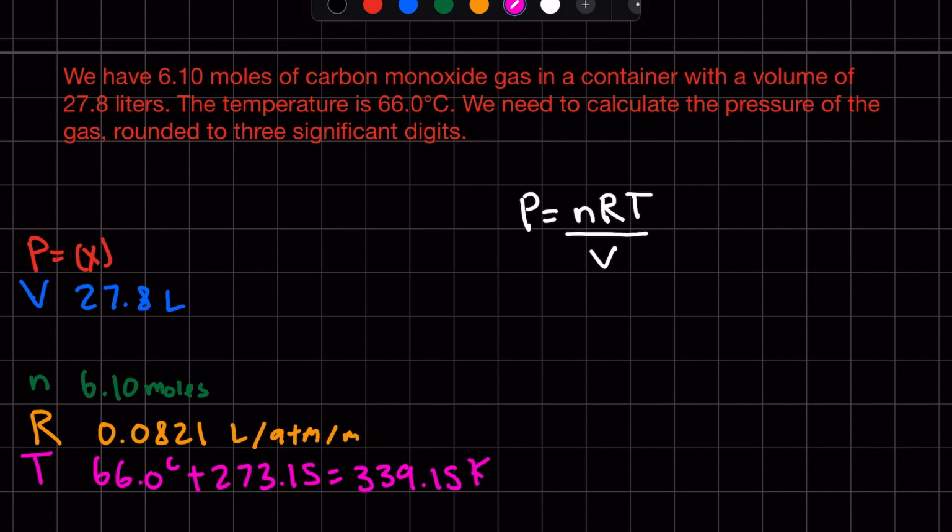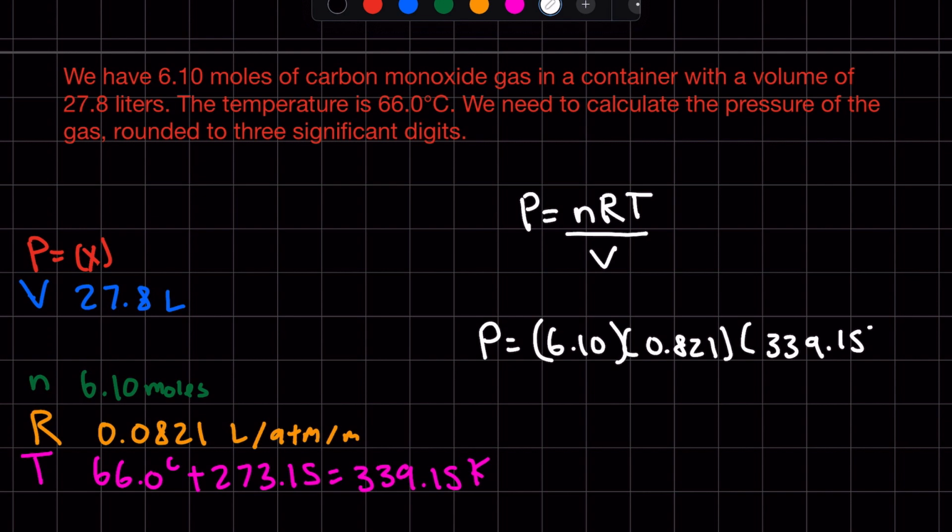So our equation then becomes P is equal to, in parentheses, 6.10, that's our moles, times our ideal gas constant, which is 0.0821, and then we're going to multiply that by 339.15.